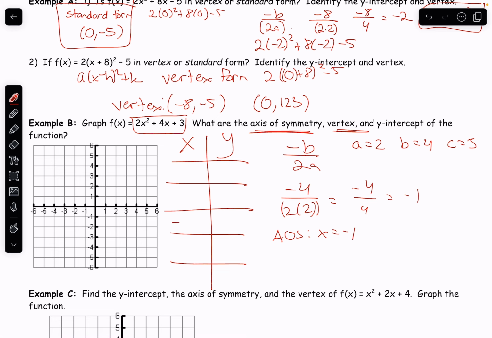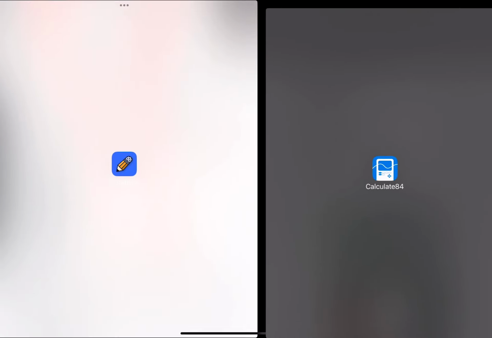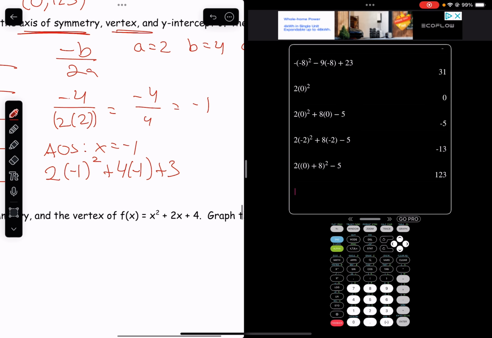Now, if you recall, we got to put our vertex smack dab in the middle when we're graphing. So we can go ahead and do that, and then we can plug a negative 1 into the function here. So we're going to do 2 times negative 1 squared plus 4 times negative 1 plus 3. So we can go to our calculator and plug this in.